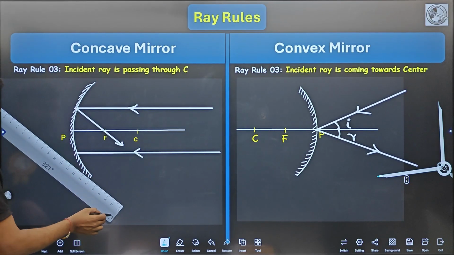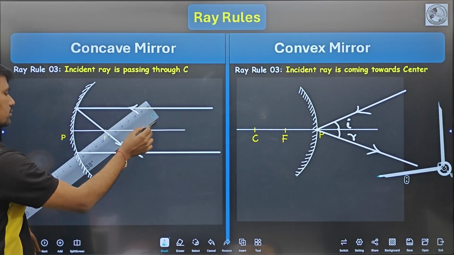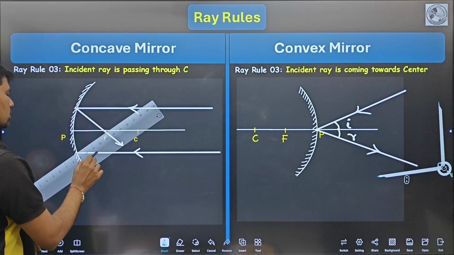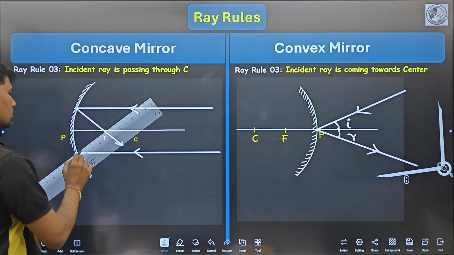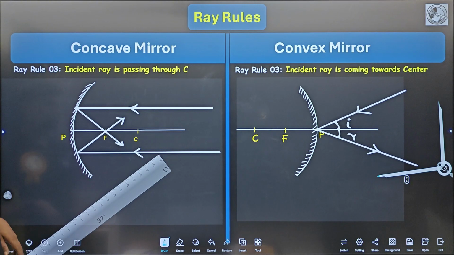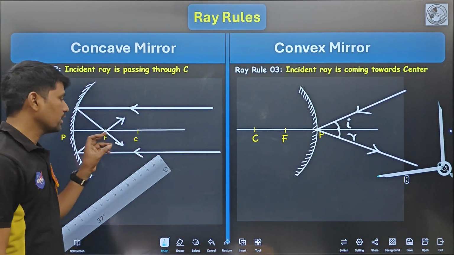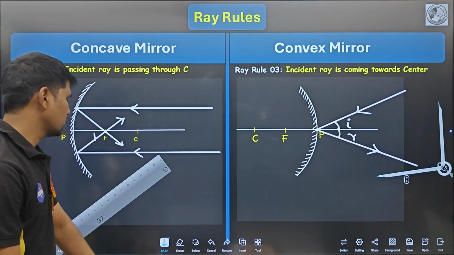Here this parallel ray also, after reflection, passes through the focus. This is the clear picture. Incident rays parallel to the principal axis, after reflection, converge at the focus.